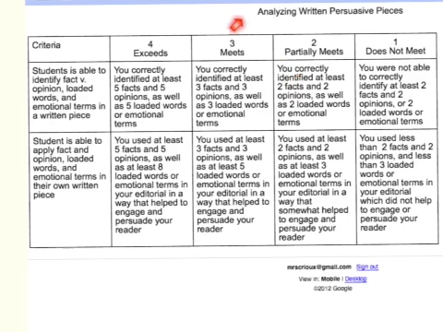Our goal, of course, is to hit the middle part, the 3, and that they can identify 3 facts and 3 opinions, as well as 3 loaded or emotional terms in a written piece, but that they can also apply this in their own writing when writing an editorial. So they can identify and apply.